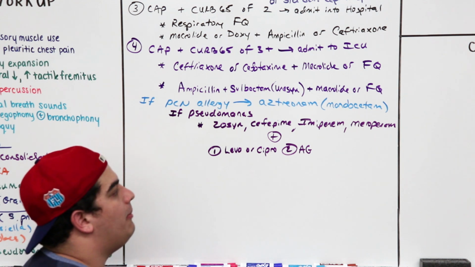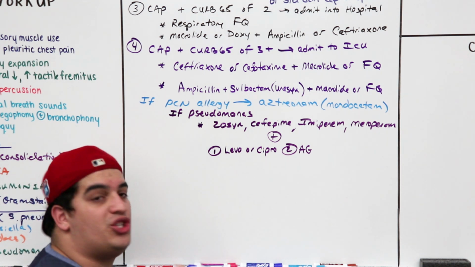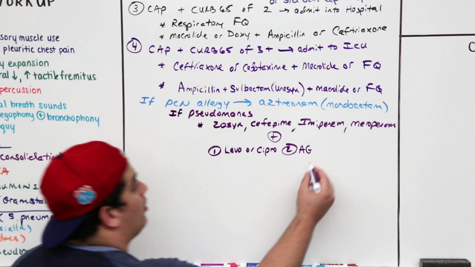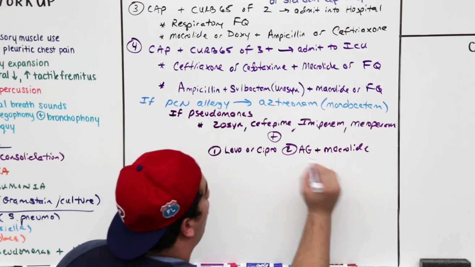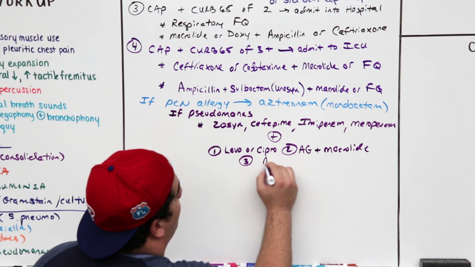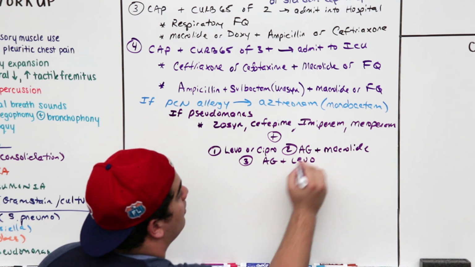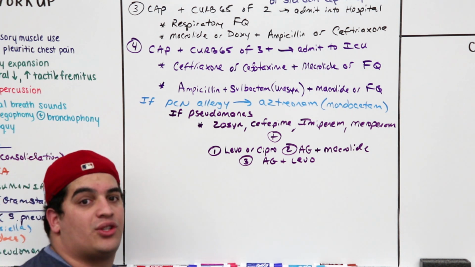You're like, what the heck is that? Aminoglycosides are, again, protein synthesis inhibitors. One of the big ones is gentamicin. And you can give an aminoglycoside plus a macrolide, or the third option is you could do an aminoglycoside plus Levo. Okay, so these are some of the options that you could do for someone that you suspect has a pseudomonal infection.